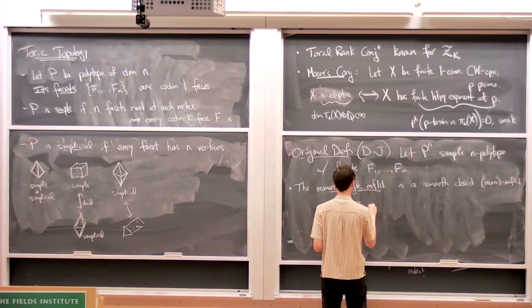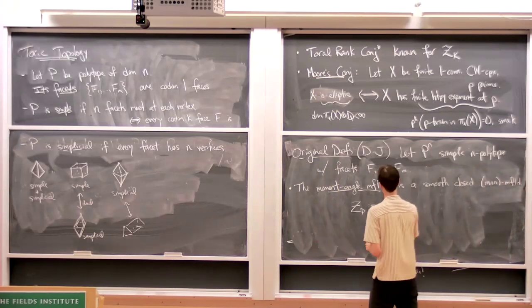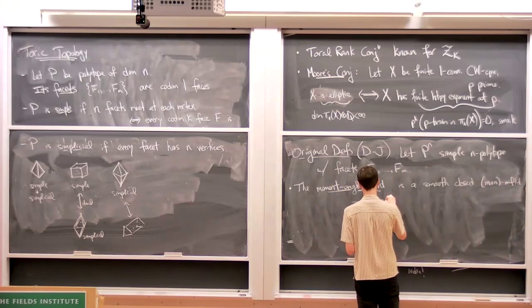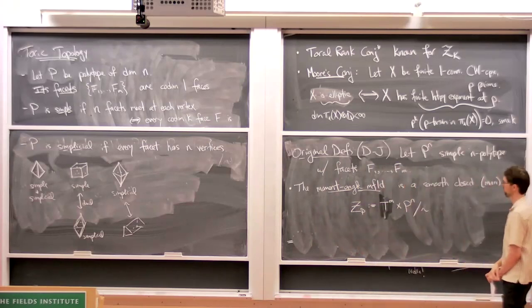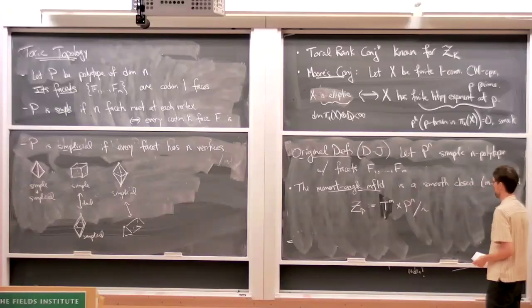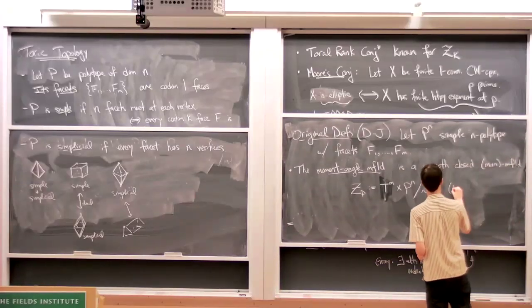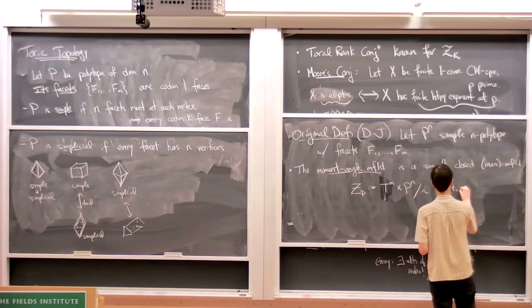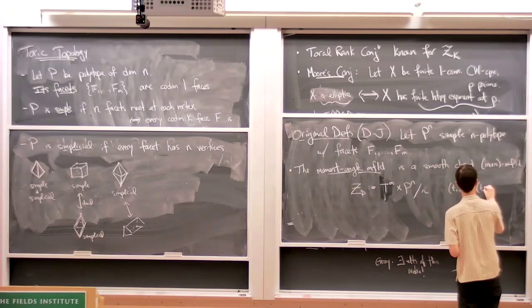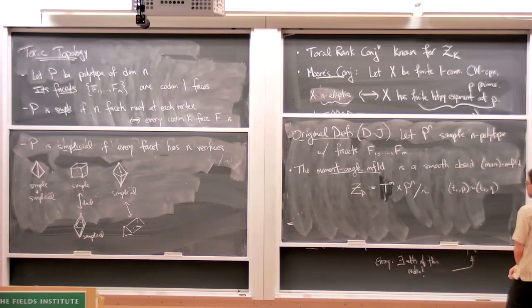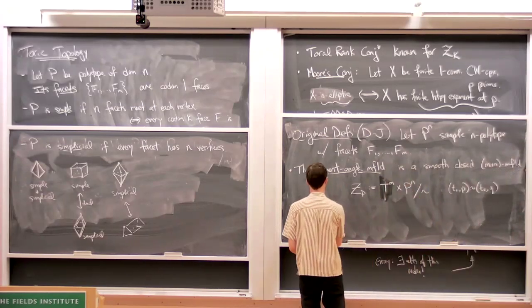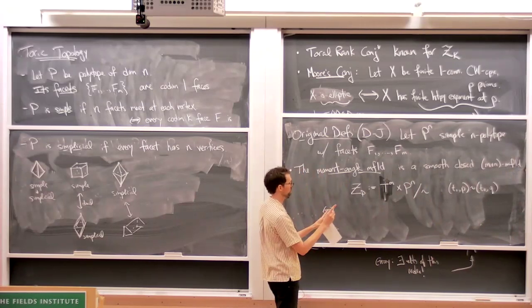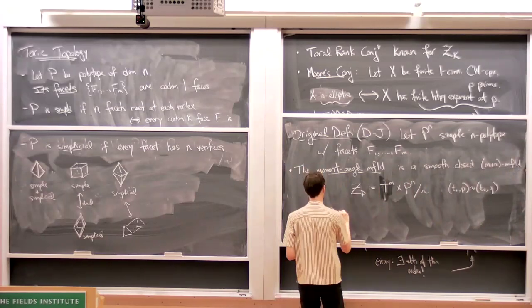So I'll call this Z_P. It's just the m-torus cross your polytope modulo some equivalence relation, where two points, like a point in this torus, comma p, is identified with another point if and only if, okay, the two points in the polytope have to be the same.